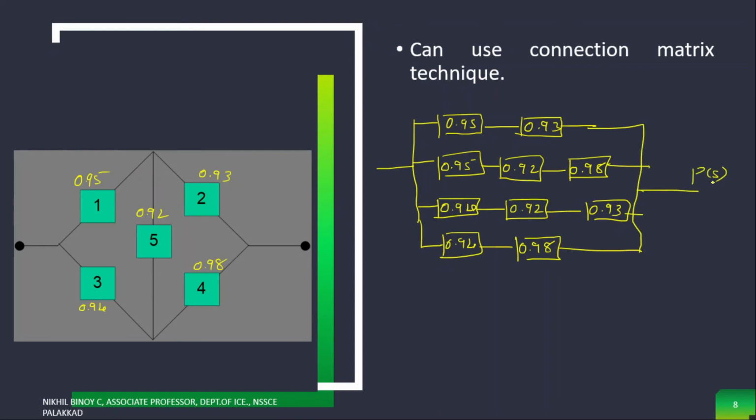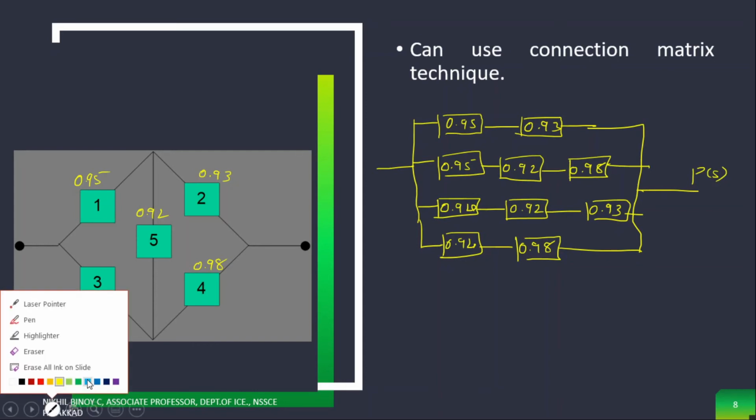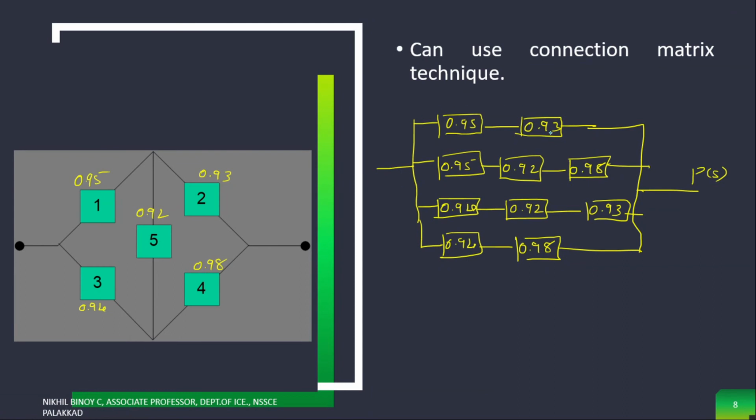And this is P of S. So what we have to do? First we have to find the net reliability of each series configuration. So this is the first series configuration: 0.95 into 0.93, which gives 0.8835.